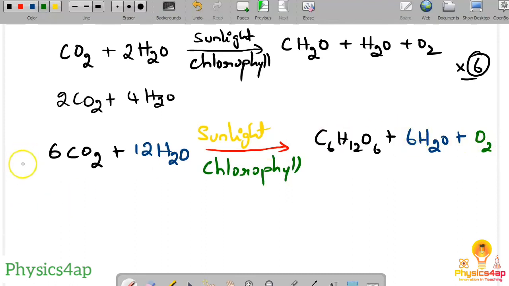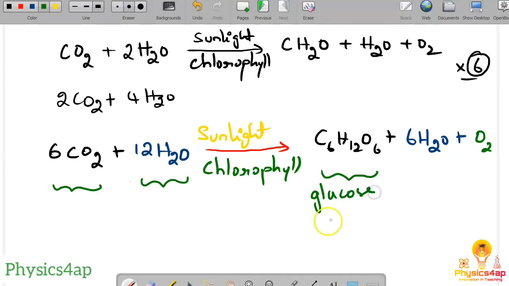This we call the photosynthesis reaction. So they take 6 moles of carbon dioxide and 12 moles of water, and in the presence of sunlight and chlorophyll they prepare the food, called glucose or carbohydrate, which is the food for the plant, and they release water into the atmosphere.